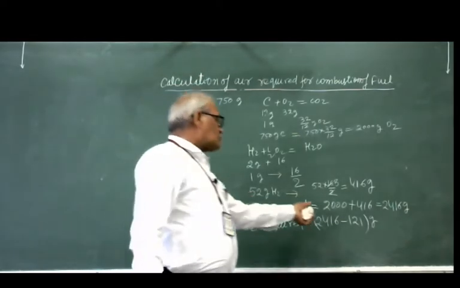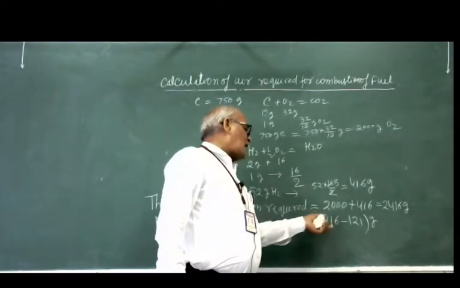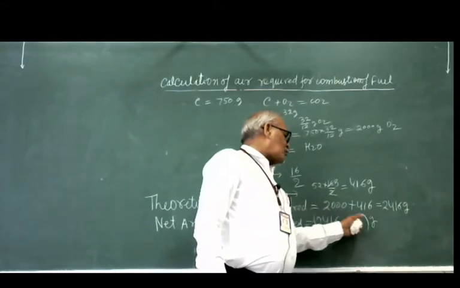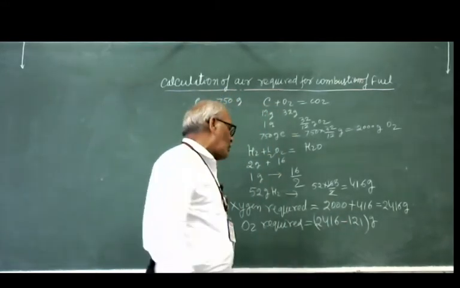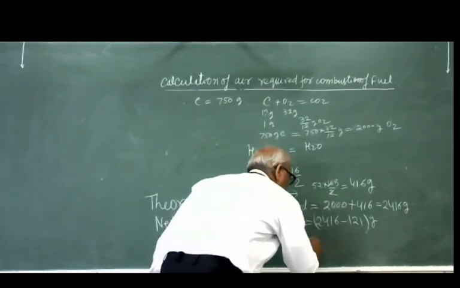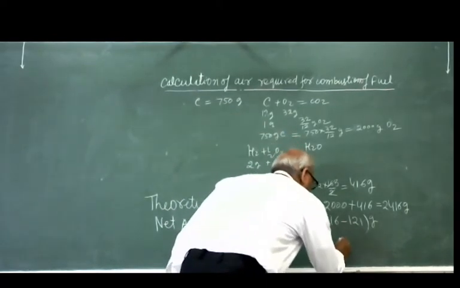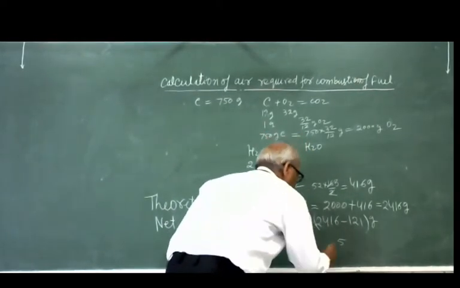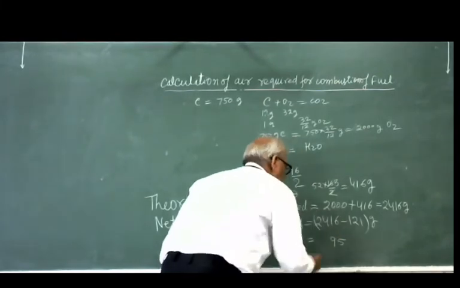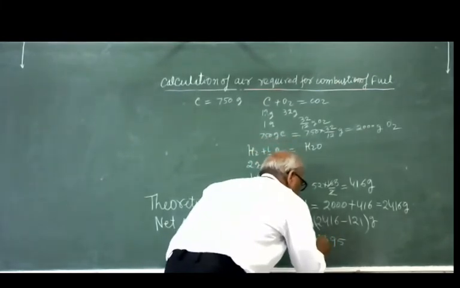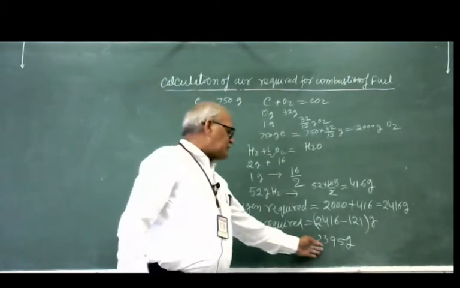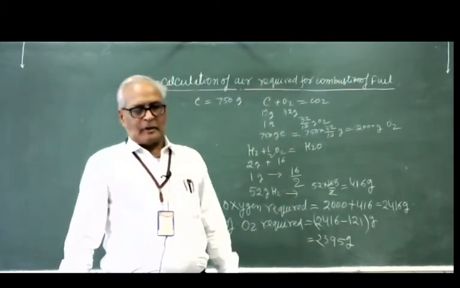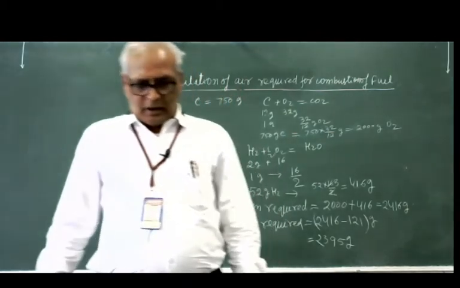So this is the total amount of the oxygen required, and you subtract the 121 gram of the oxygen already present in the coal, and therefore you will get 2295 gram. This is the net oxygen required.